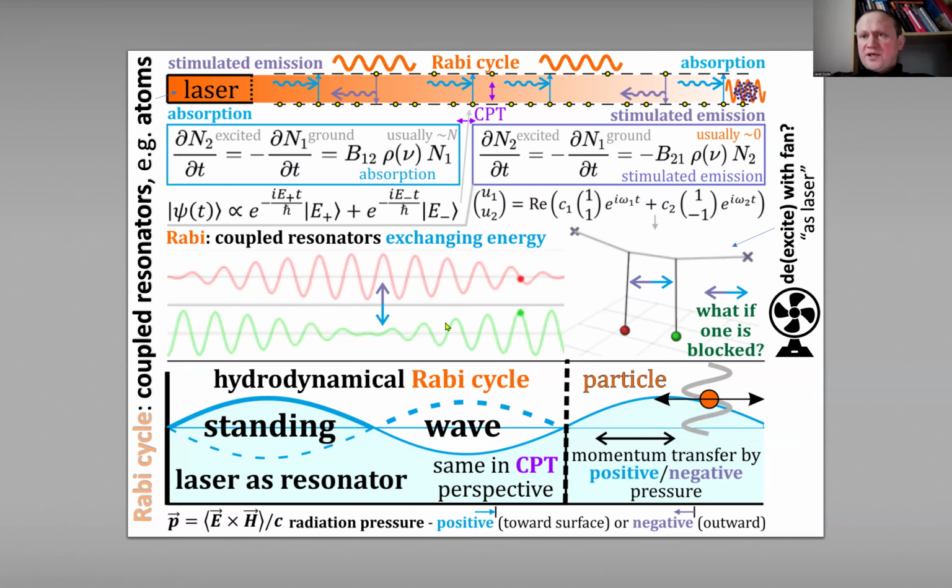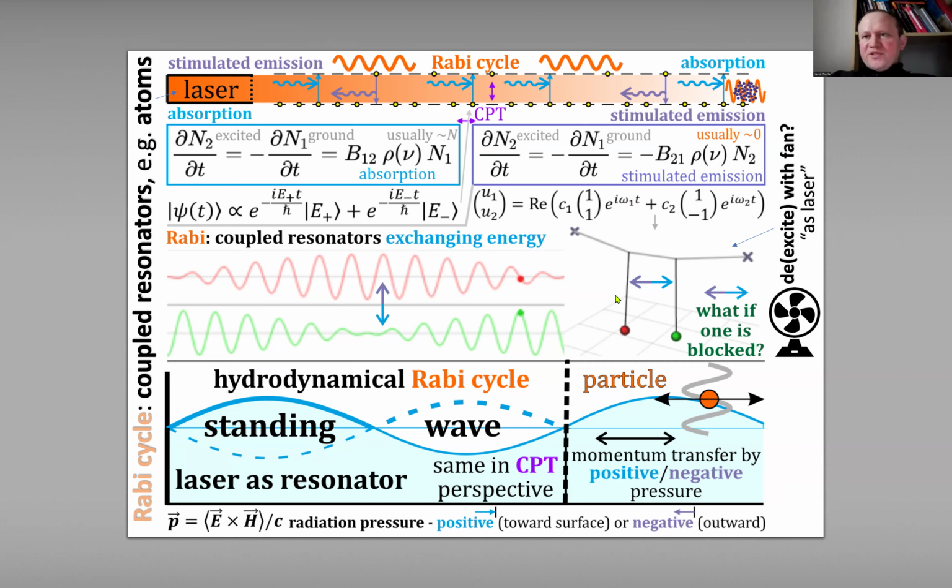There are mechanical analogs, like coupled resonators, like coupled pendula. We have two pendula coupled here, periodically exchanging energy, left and right. Like in the Rabi cycle, there is an exchange of energy going in both directions.